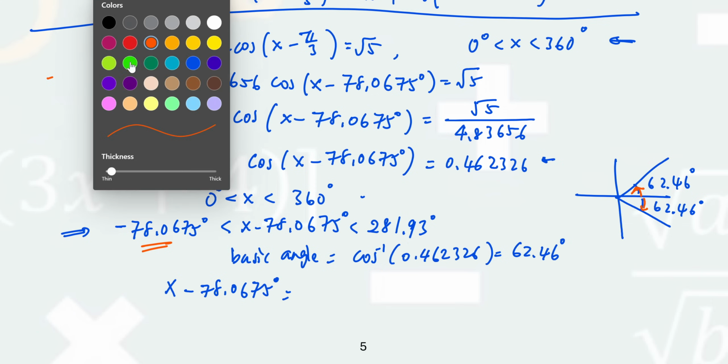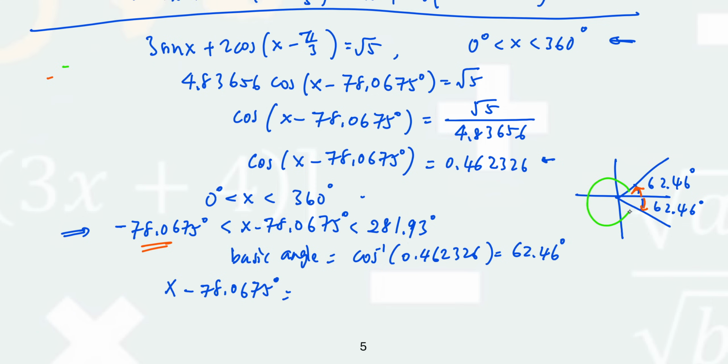You cannot accept this whole value because this green color is greater than 281.93. Therefore, we cannot accept the green color, but we have to accept both orange colors. So the first value is positive and the second value is negative. When you move the minus 78.0675 to the right side, it becomes plus.